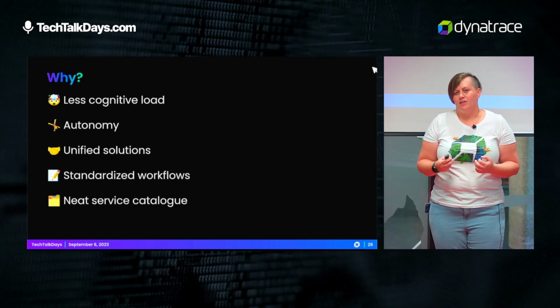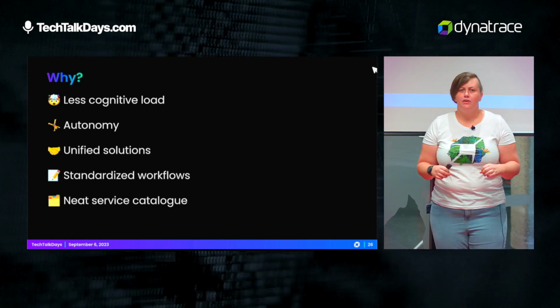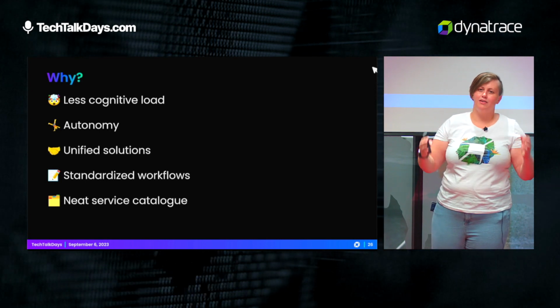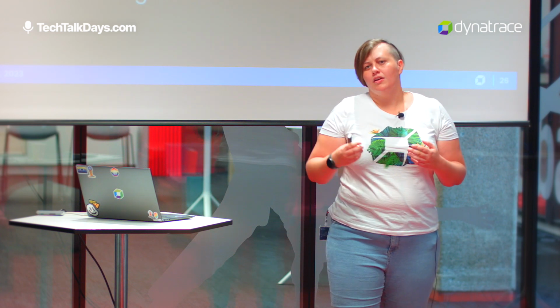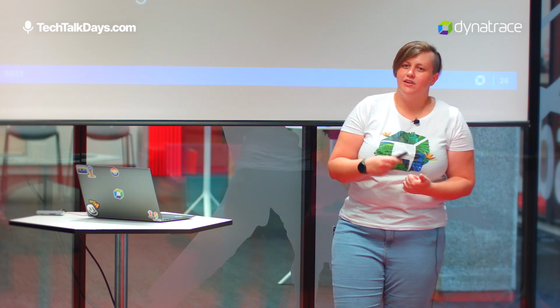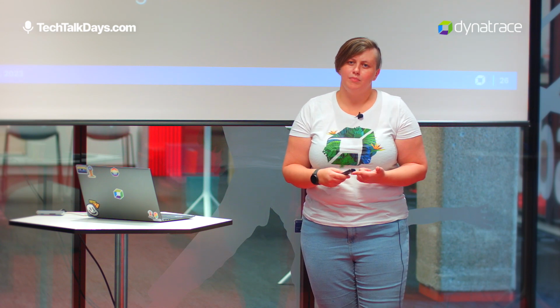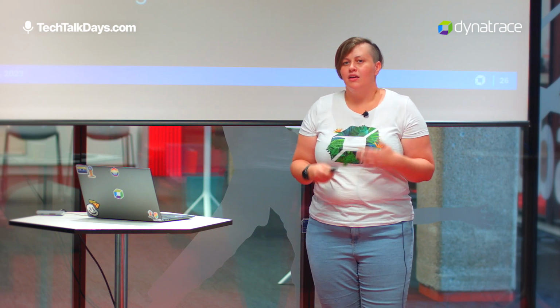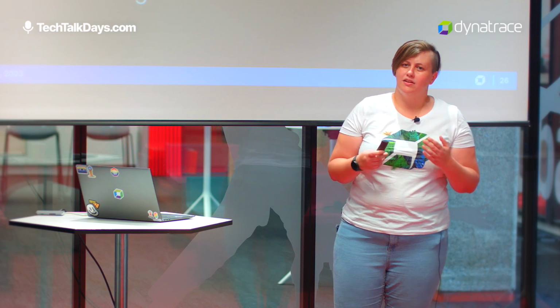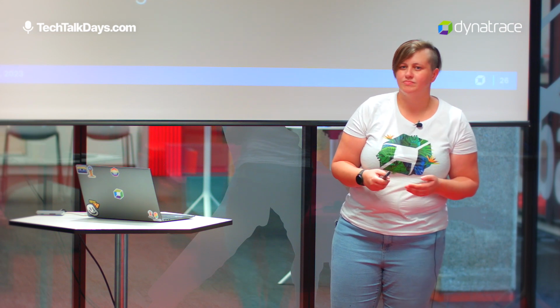And with a neat service catalog on top of your platform, you can have a collective of information about your services. And then a developer can simply go to that catalog, can search for a service, and they will see the owner, they will see for example, where it is running. Is it running in staging, in production, maybe only staging and hardening? They will see a build and all other necessary information that is custom to your company.